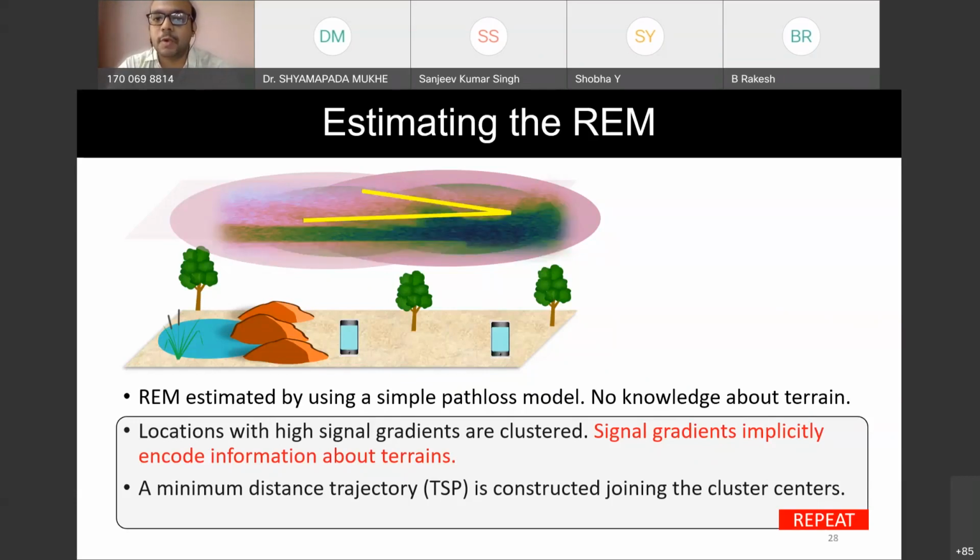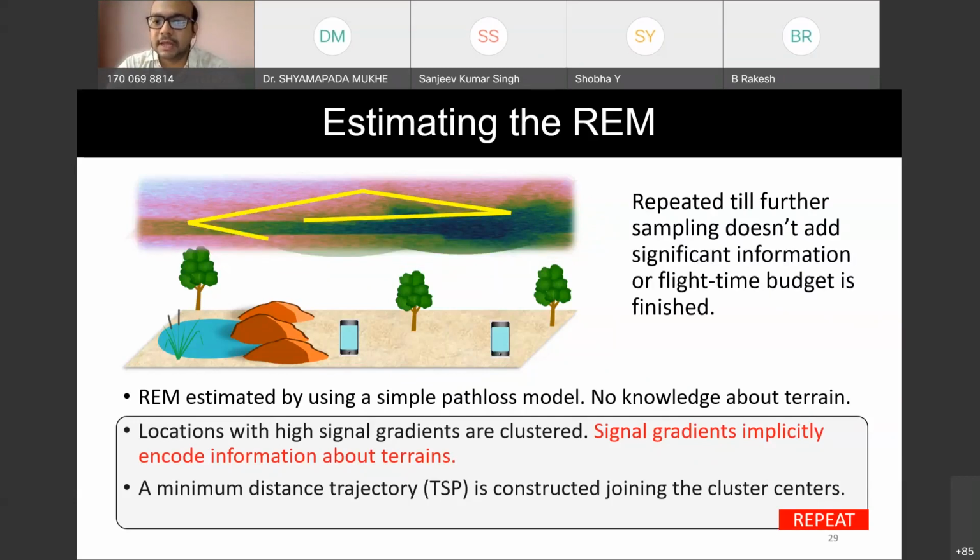Now you can do one more iteration of the same thing, and that will add much more information to your radio environment map, and you can repeat like this before your budget is exhausted. So whatever time you wanted to plan for your search time, it could be 5 minutes, it could be 2 minutes, 3 minutes, depending on your application.